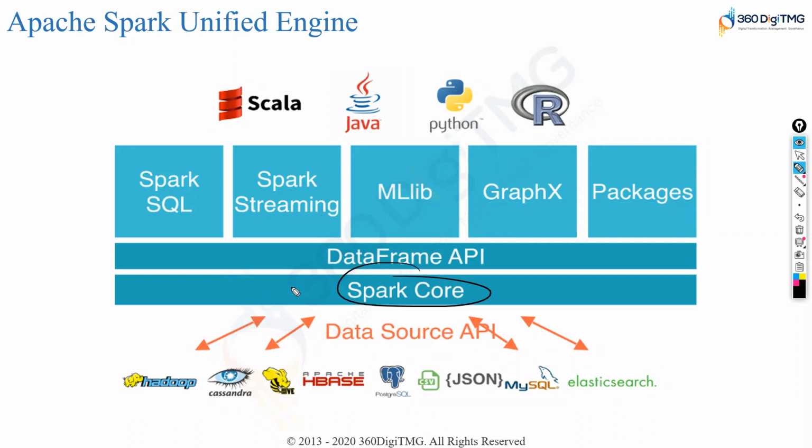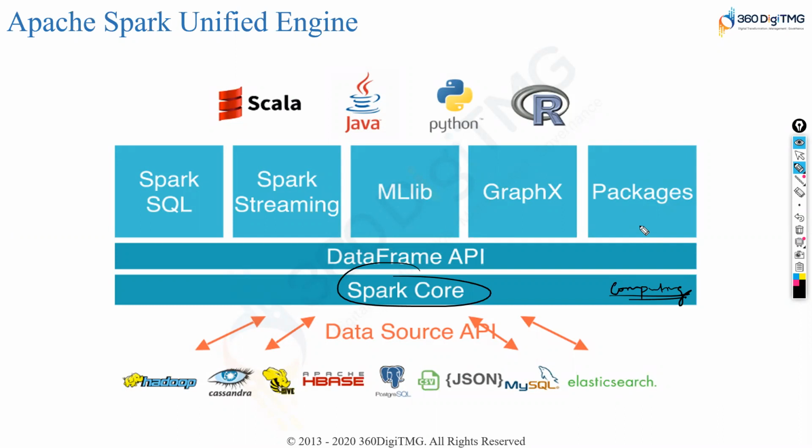Like the name suggests, it's the core component. And remember, Spark is only a computing engine. It doesn't have a storage engine. Like Hadoop, we have both. In Spark, we don't have both. Spark is competing with the MapReduce framework. It is only a compute engine, right?